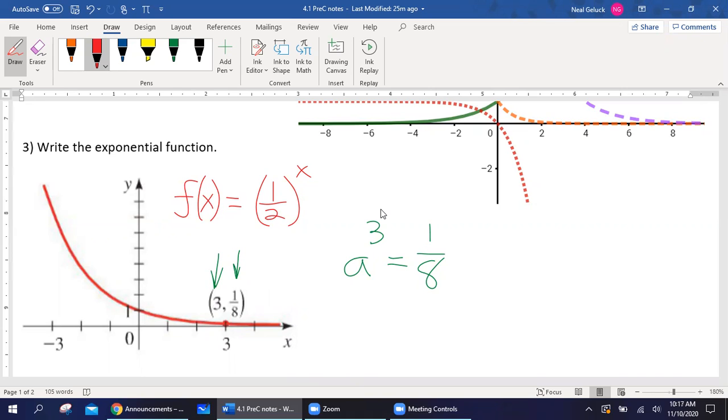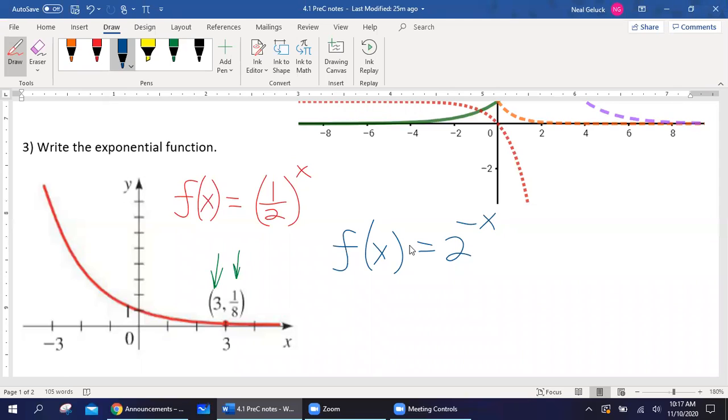You also could express this as, let's see, we could do it as 2 to the negative x. That also works. Because if I take 2 raised to the negative 3, because I'd be putting 3 in for x, that would cause the reciprocal and give me 1/8. So really, either one of these is correct.